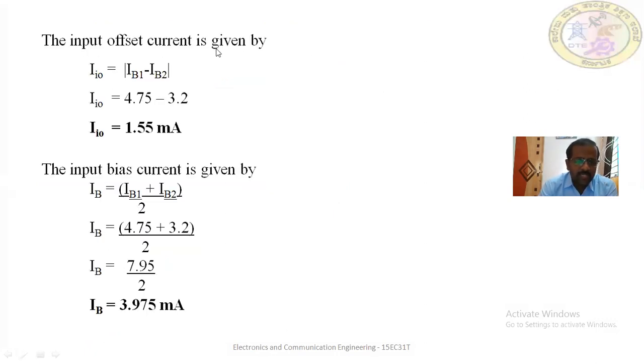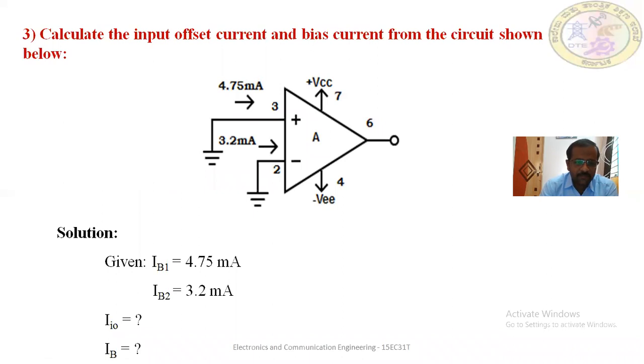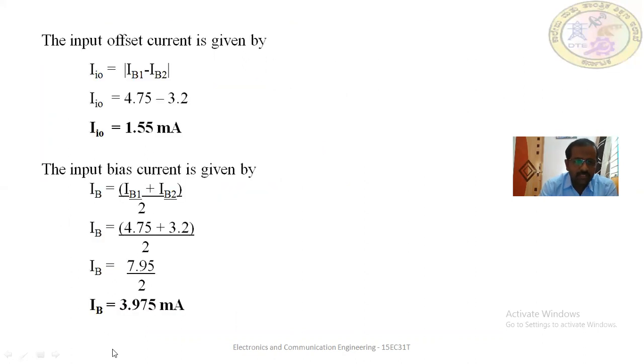So in this problem, I am going to use the formula IIO, the input offset current, given by IIO is equal to IB1 minus IB2. IB1 is equal to 4.75 and IB2 is equal to 3.2 milliamps. And if these two values are placed in this equation, IIO is equal to 4.75 minus 3.2.